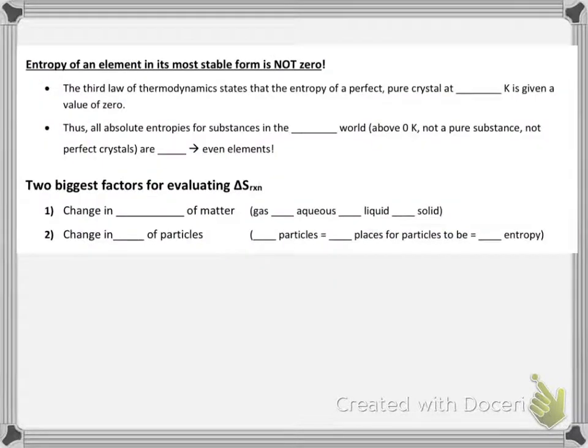The craziest thing is that the entropy of an element is actually not zero, unlike with delta H. This is where the third law of thermodynamics comes in. It says that the entropy of a perfect, pure crystal at 0 Kelvin has a value of 0.